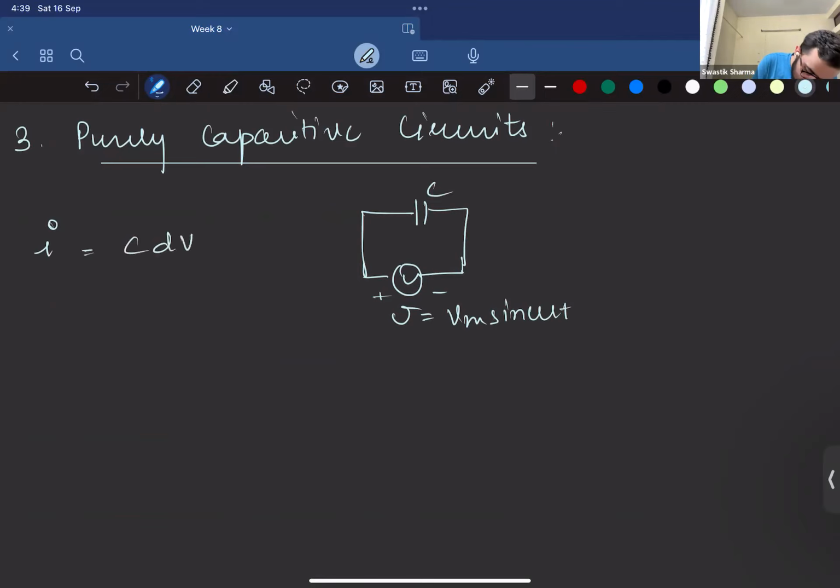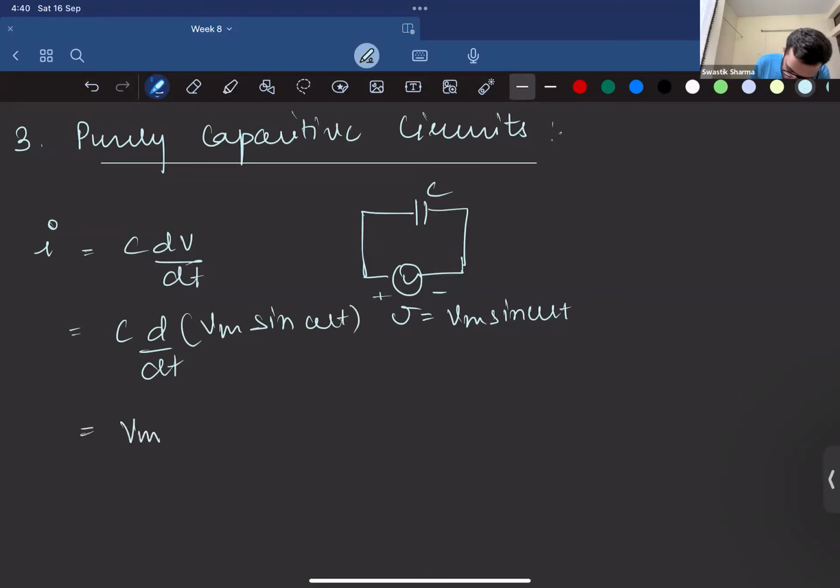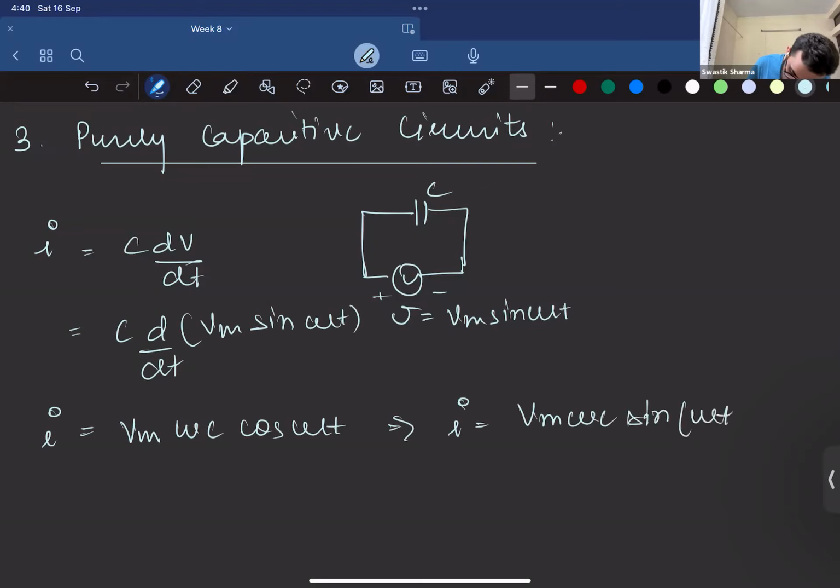It's given by C dV by dt, right? And what is V? Vm sine omega t. So this would come out to be Vm omega C cos omega t, right? Which can be represented as Vm omega C sine omega t plus 90 degrees.